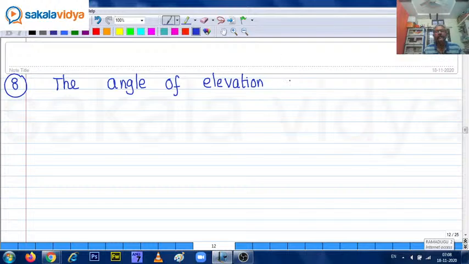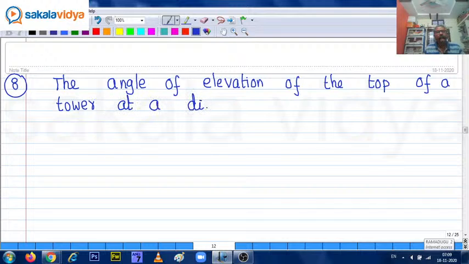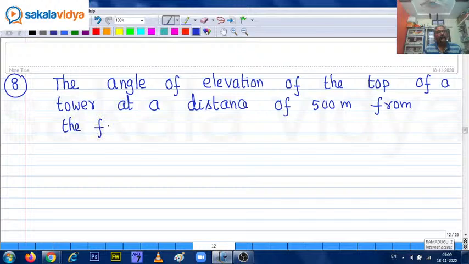The angle of elevation of the top of a tower at a distance of 500 meters from the foot is 30 degrees.